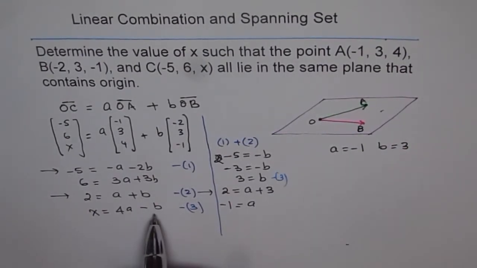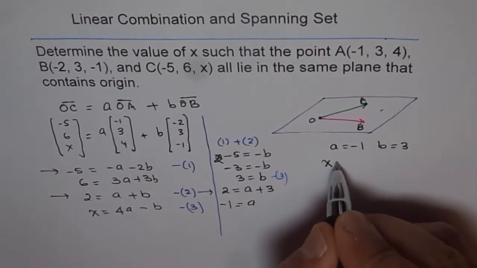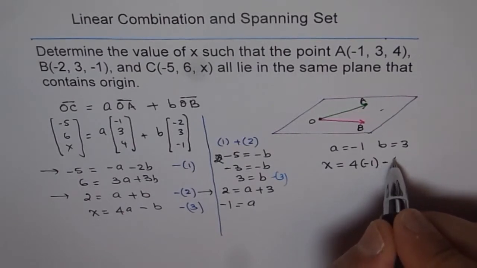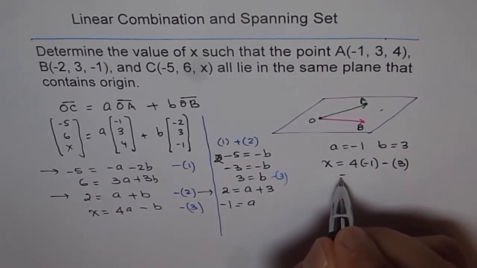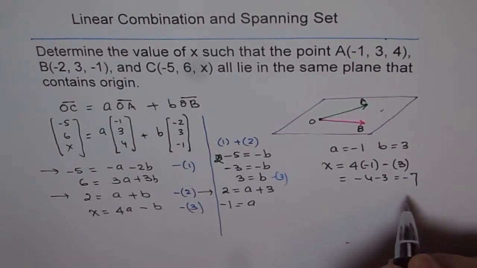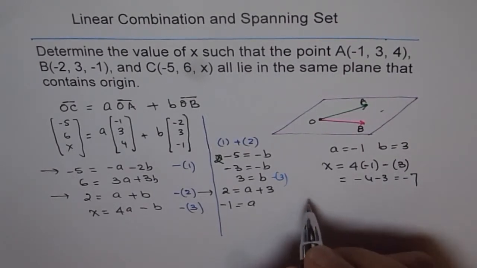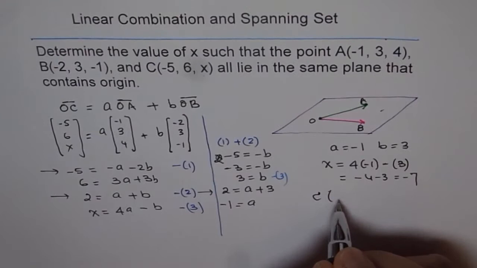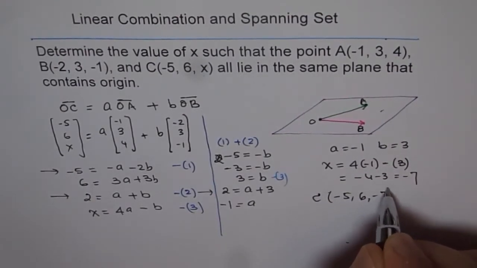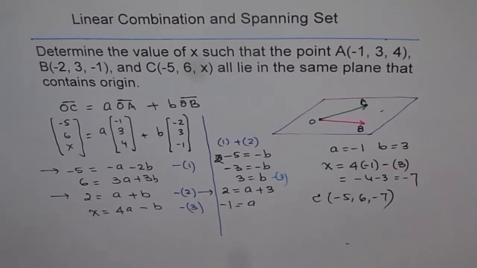Once we know a and b, from the third equation we can find what x is. We get x equals 4 times -1 minus 3, which is -4 minus 3. That gives us -7. Therefore the point C is (-5, 6, -7). That is how we can solve for C using these equations.